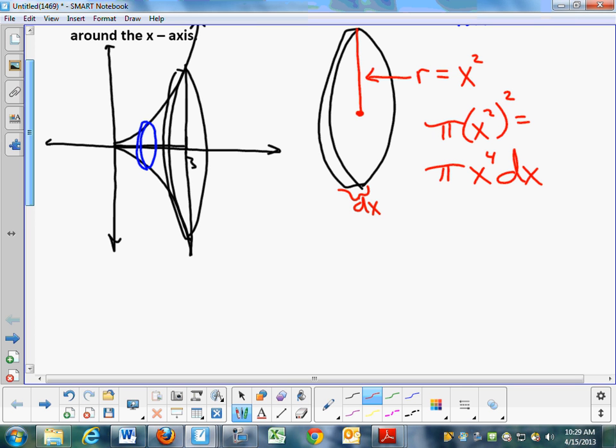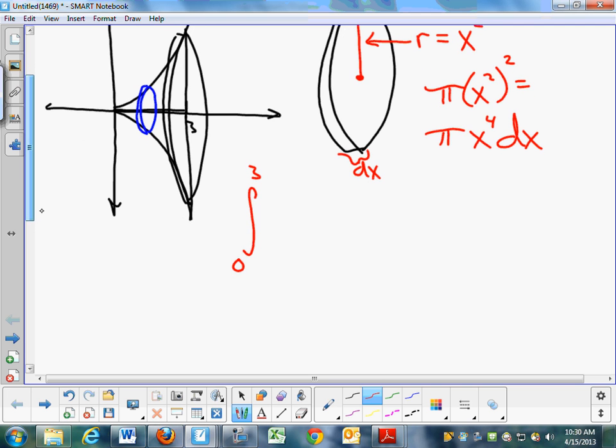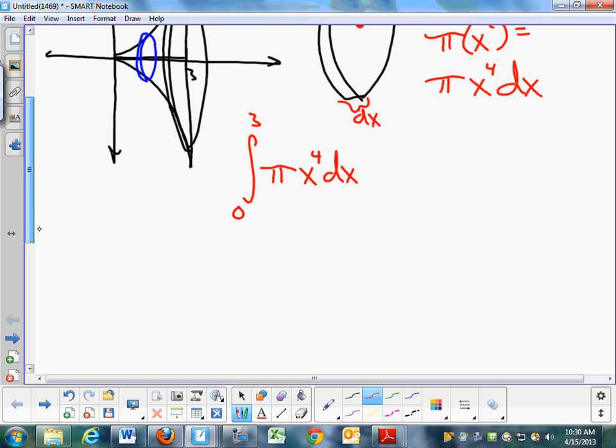So I can take that piece and integrate it from 0 to, good. I can take the pi and move it.